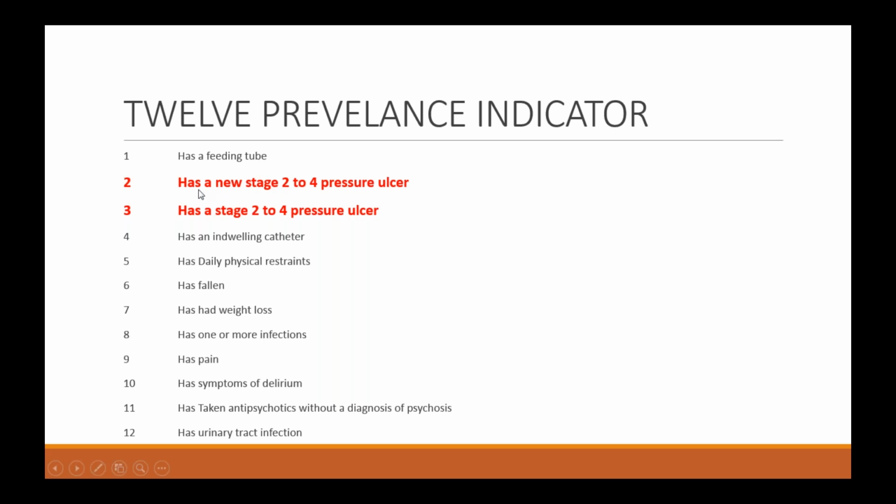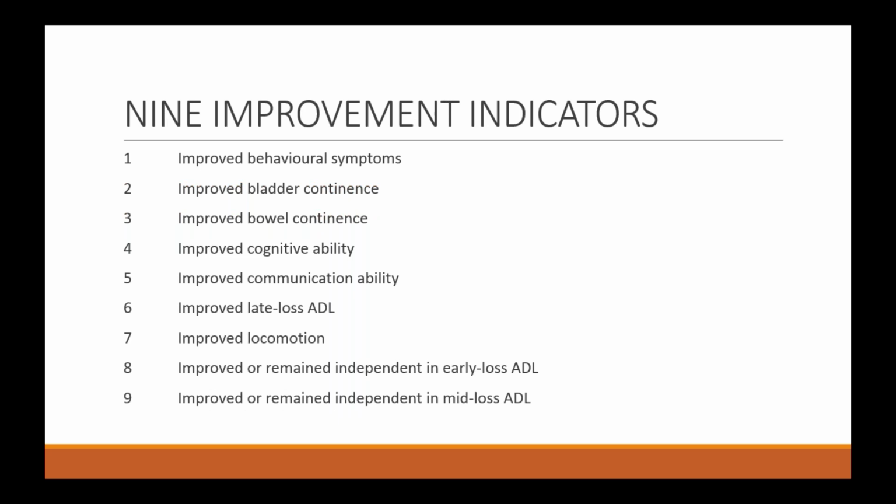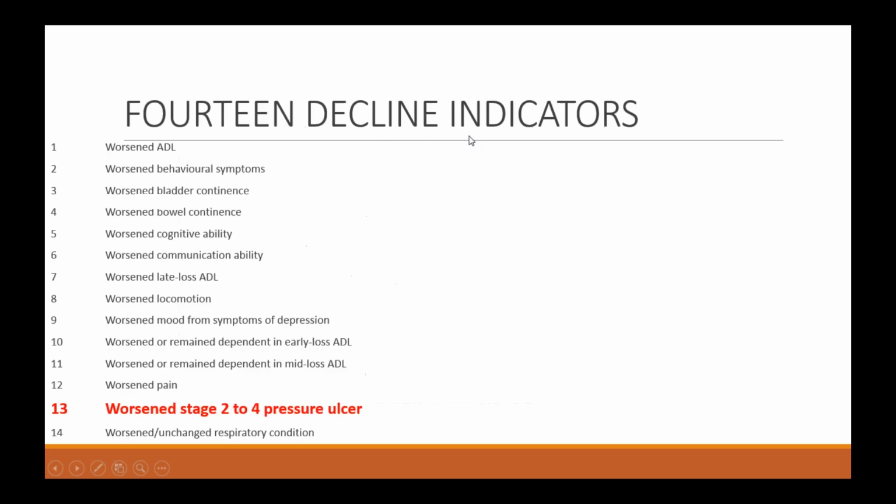The 2 items that we're looking at today are new stage 2 to 4 ulcers and the fact that you have an ulcer. Now, obviously, you can see here it's new ulcer or you have an ulcer, period. Now, here you can see that none of the ulcer indicators are part of what are called the improvement indicators.